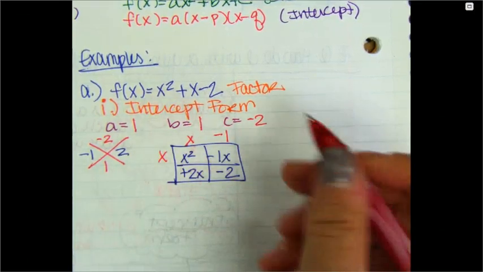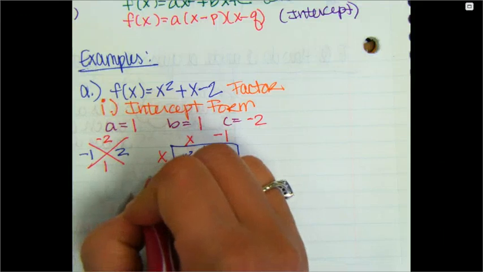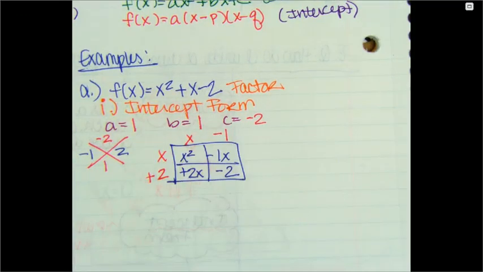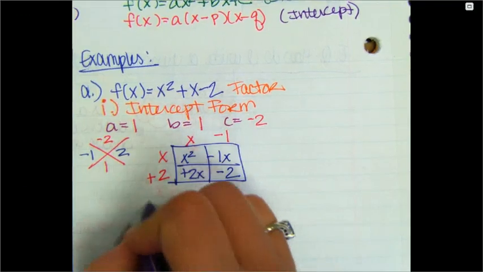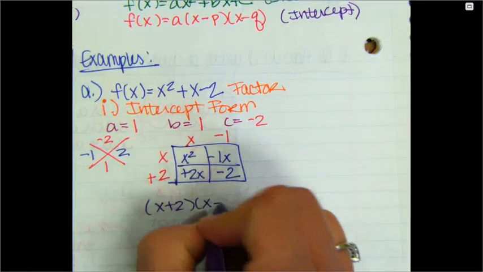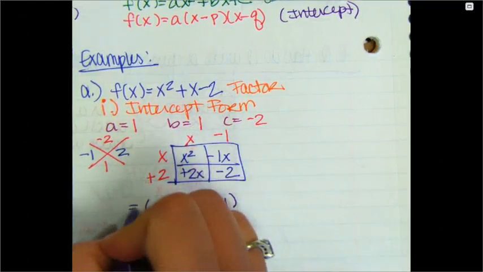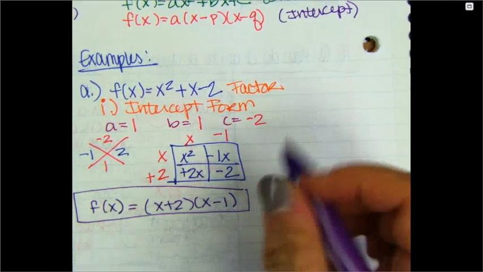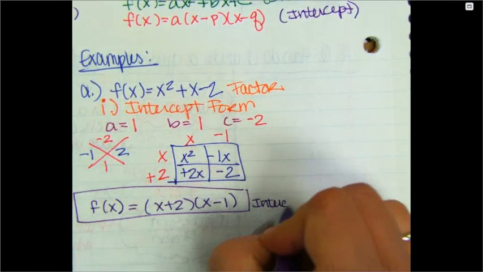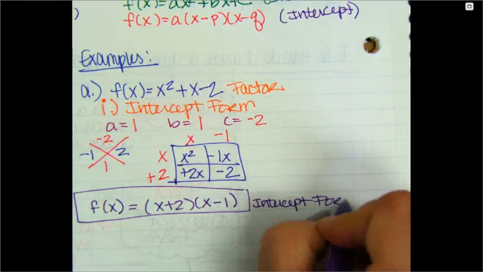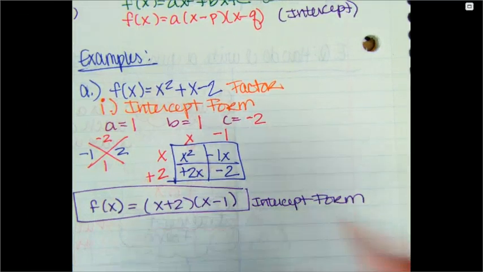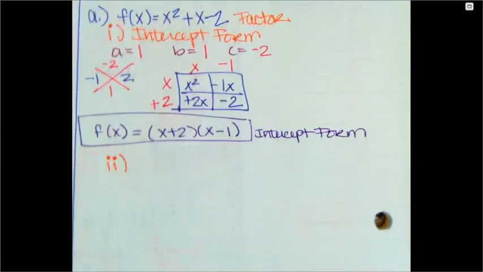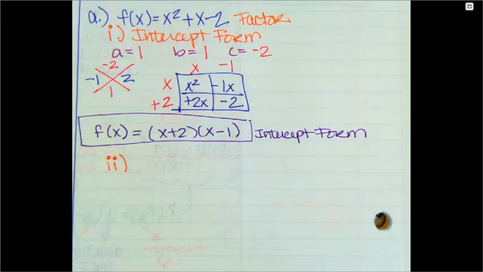And 2 and negative 2? Positive. All right. We have x plus 2 and x minus 1, yeah? In the front, you should have f of x. Intercept form right here for the first part. So should we know how to do that? Wonderful. All right, second part.